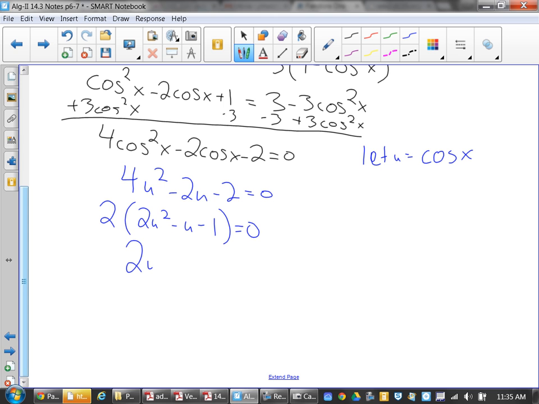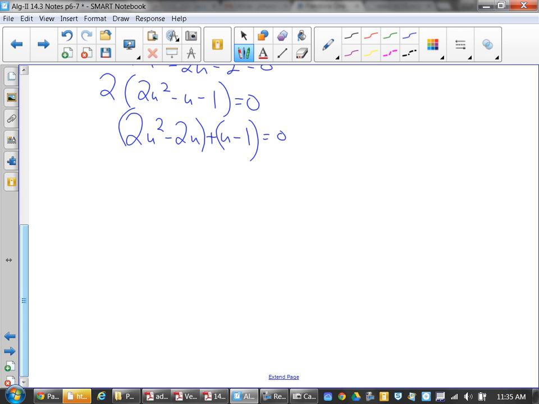So we have 2u squared minus 2u plus u minus 1 equals 0, and we are factoring by grouping again. So your two terms are 2u plus 1 has to equal 0, and u minus 1 has to equal 0. But u stands for cosine of x.